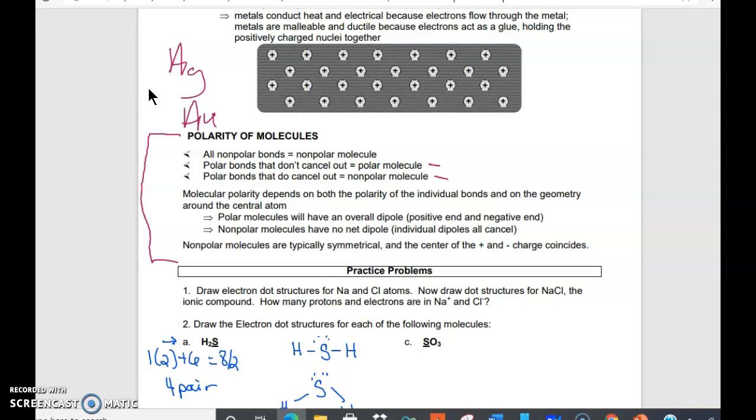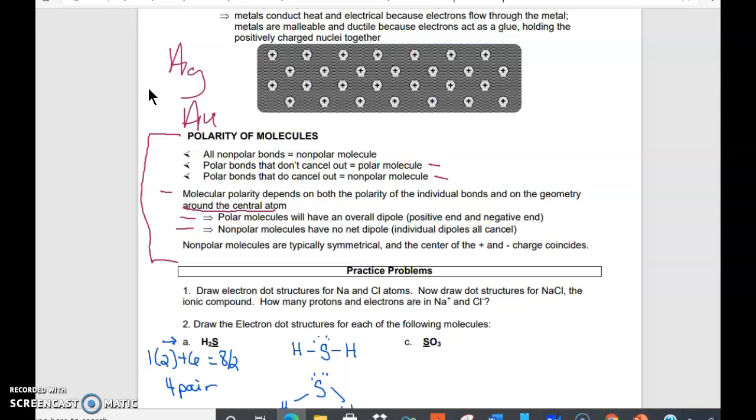And then molecular polarity depends on both the polarity of the individual bonds and on the geometry around the central atom. Polar molecules will have an overall dipole, so like a positive and negative end, and nonpolar molecules have no net dipole.